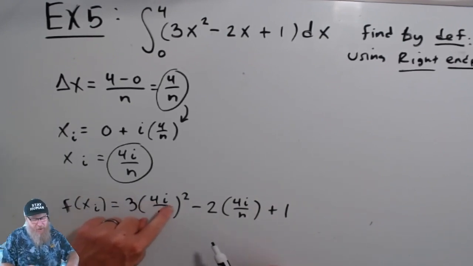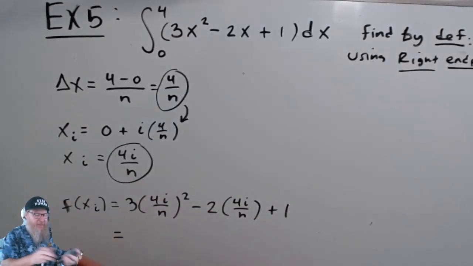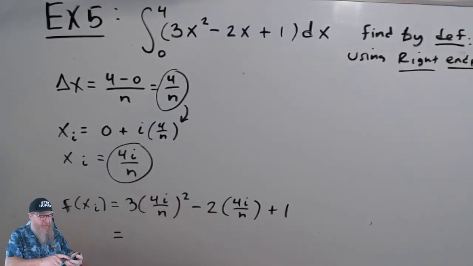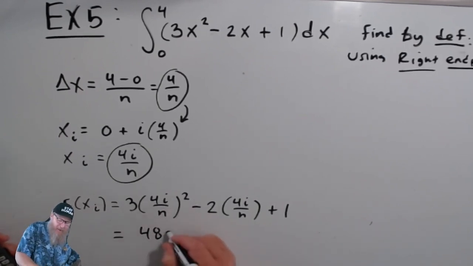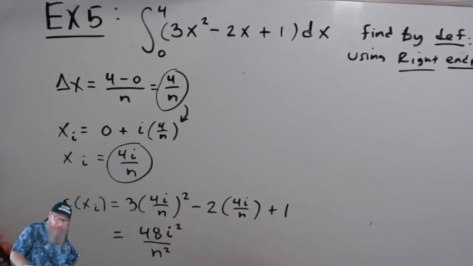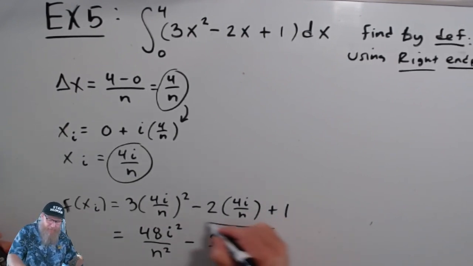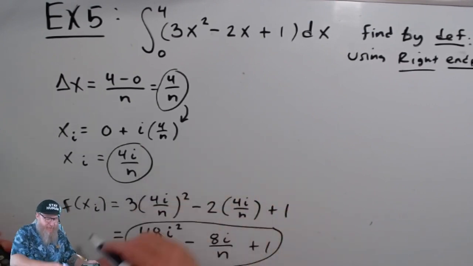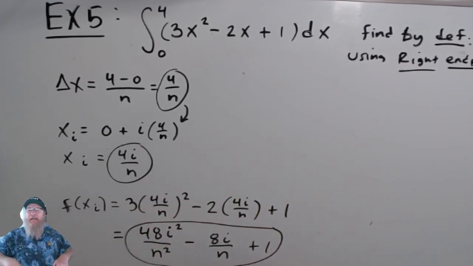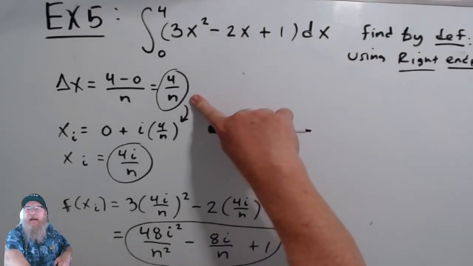That'll be 4i squared times 3. So that's 16 times 3, which is 48, and then i squared. Oh, and you're squaring the denominator as well, so n squared. And then this one will be 8i over n, and then plus 1. So this is our f of xi, and this is our delta x.